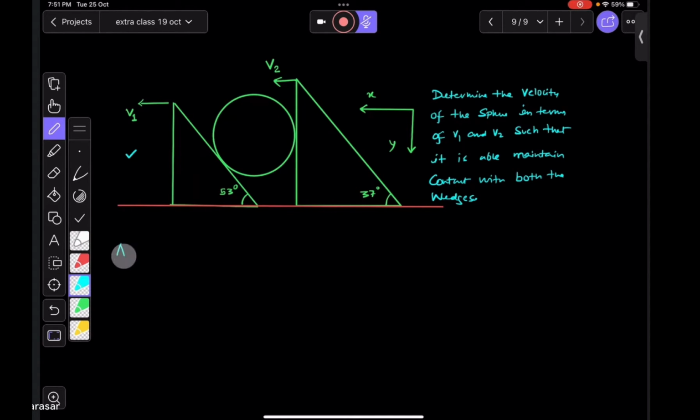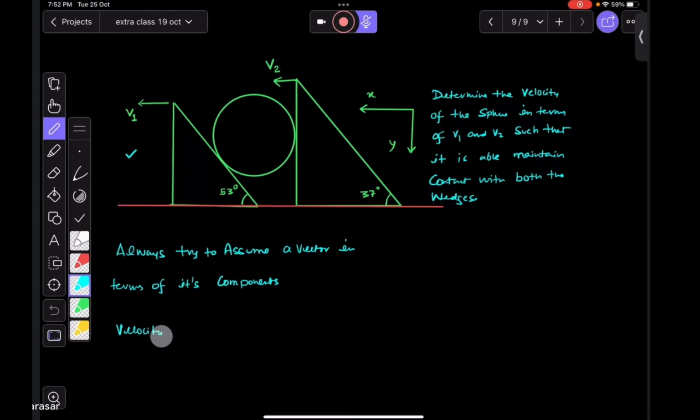Always try to assume a vector in terms of its components. And here the velocity of the sphere can have two components only.